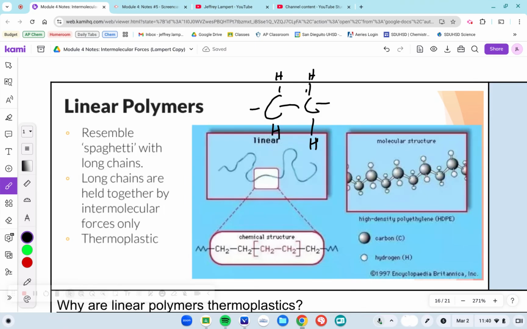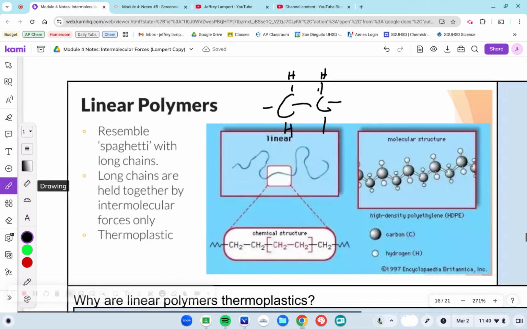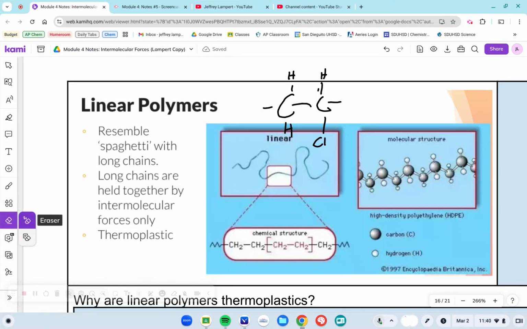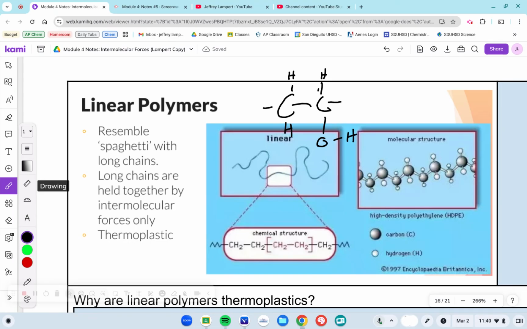That's all I would get. Whereas if I just replaced one of these hydrogens with a chlorine, now this would have dipole-dipole attractions between chains because this is a polar polymer. And if I replaced one of these with an O and an H, now I have one that has hydrogen bonding between chains.